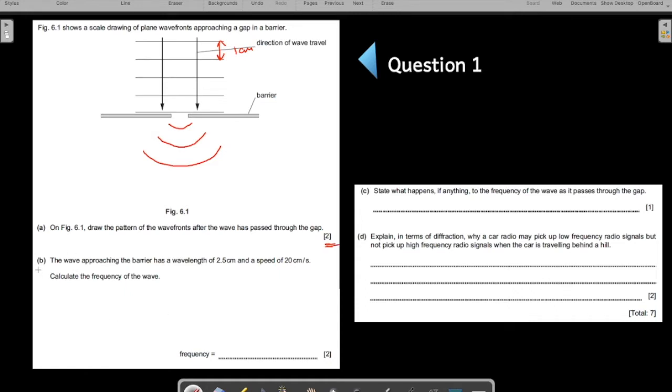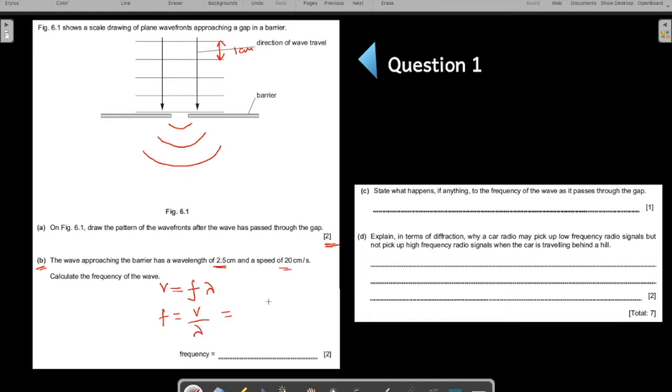Let us come to part B. The wavefront approaching the barrier has a wavelength given to you, the speed is given to you, calculate the frequency. Now this is simple. You use the wave equation, v equals f times lambda. So frequency is v over lambda.